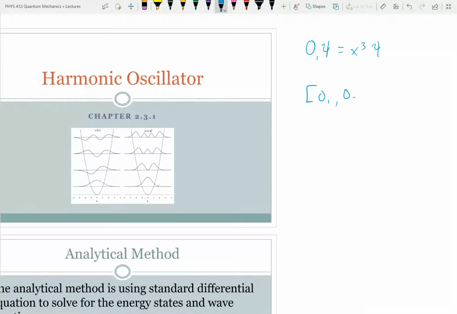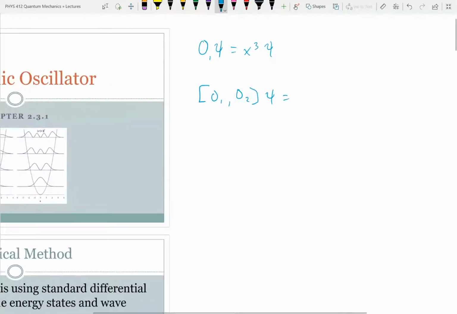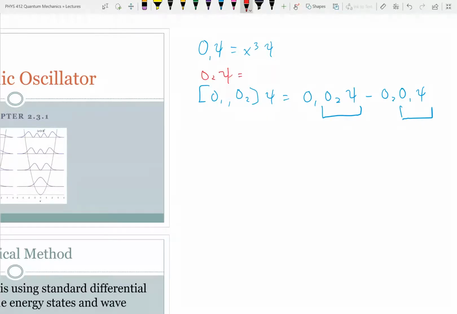O1 comma O2 acting on psi is equal to, right, we have to do it like this, and then we say, well, what is O2 psi? And what is O1 psi? So we have to know what both of them are. So if you have in front of you, what is O2 psi? x times d/dx times psi.